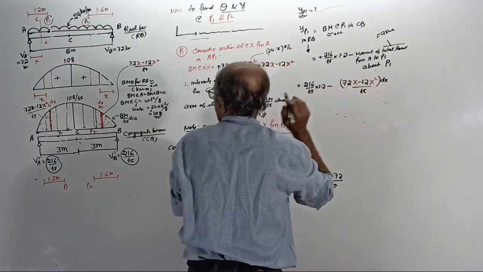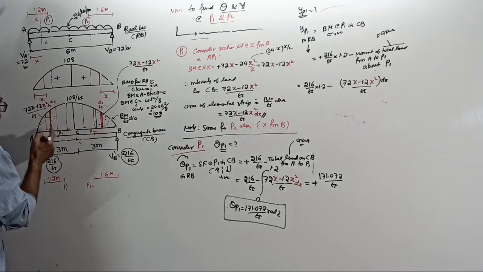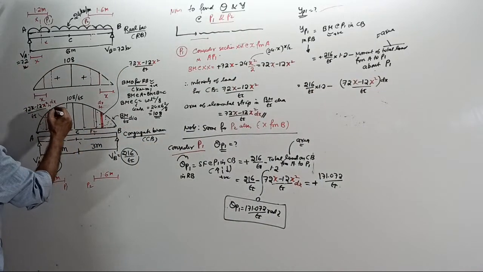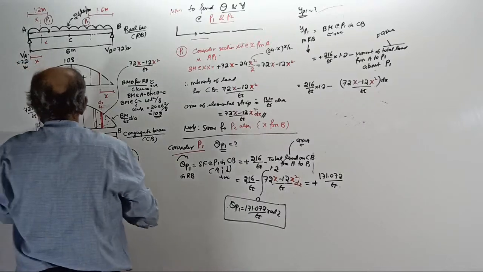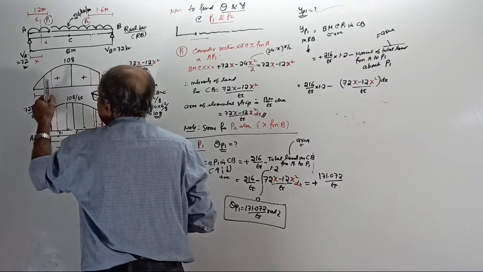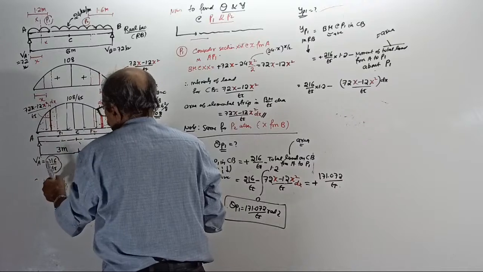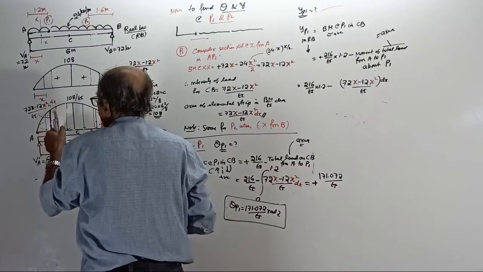Tell me, what is the moment of the strip area about P1? Distance of the strip area from P1. See, this is x, this is 1.2. What is the moment of the strip area about P1?